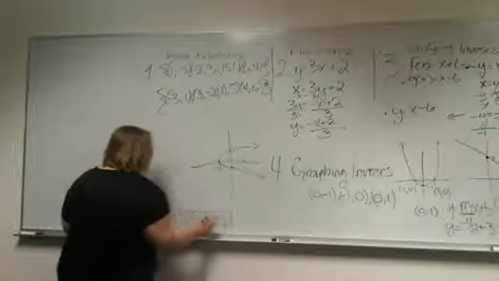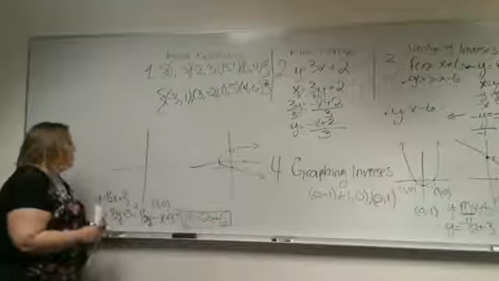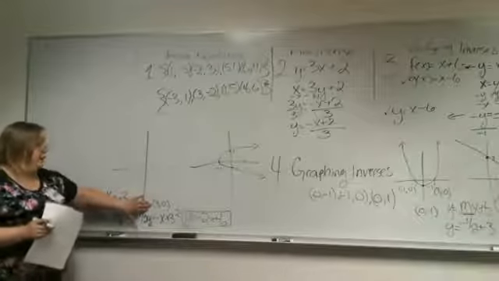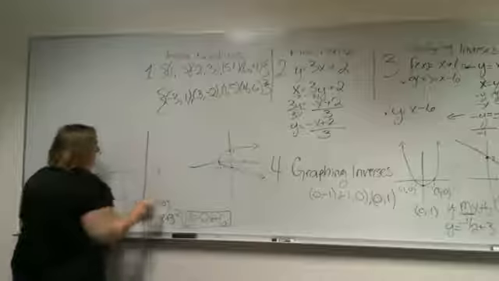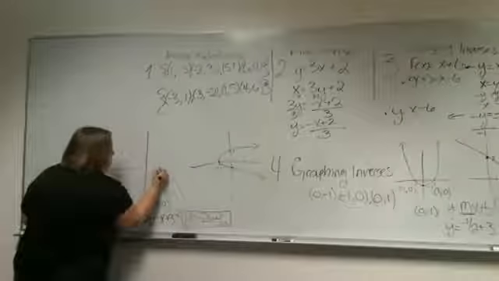So this is our new y-intercept, our new slope, but we know that we have our inverse relation at 3, 0. So here's 3. The y equals 0, so here's our point.